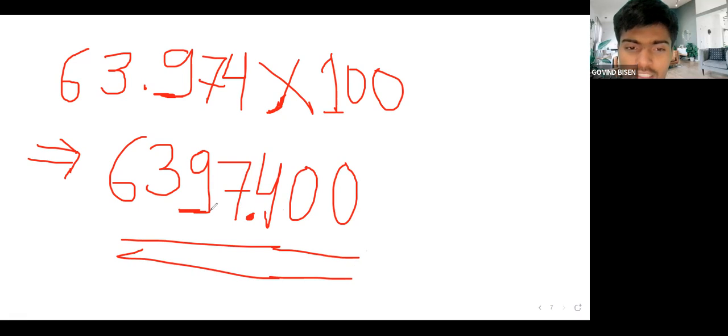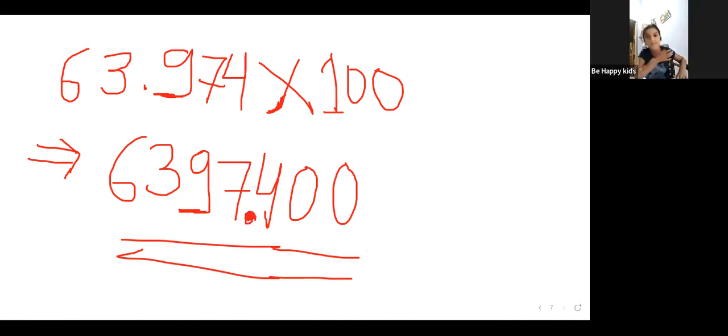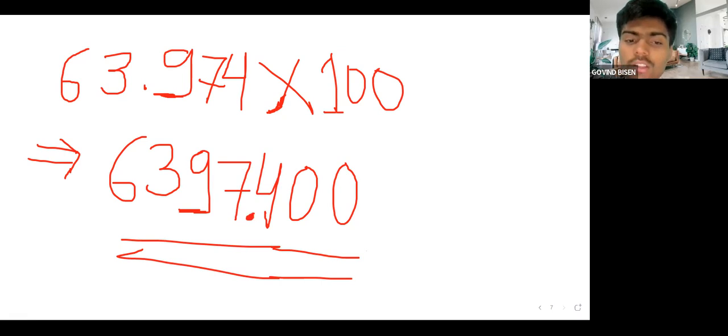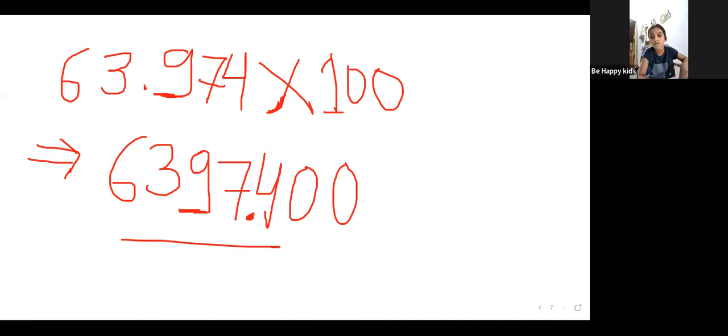So you multiplied it correctly. But what we have to remember is that we have to put the decimal after the digits equal to the digits given in the question. If it is 3 digits in the question, then we put the decimal after 3 digits. If it is 1 digit, then we put the decimal after 1 digit.